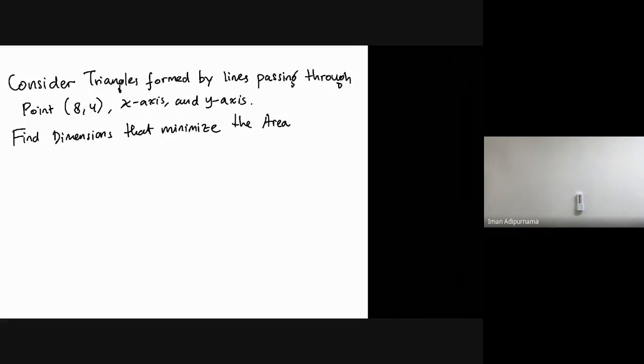So there will be, I think, at least three variables to check. Either x, y, or the other variable that might appear, the gradient, because we don't really know the gradient, right?